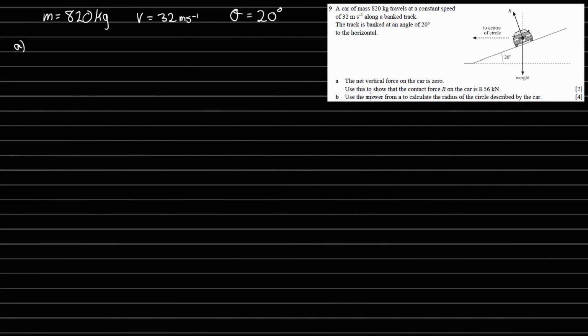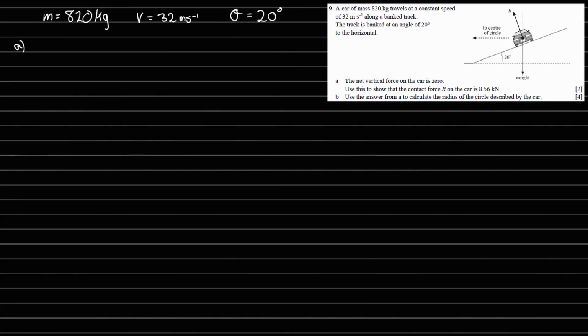Part A. The net vertical force on the car is 0. What this is saying is that the weight and whatever is upwards here, the reaction in the upward sense, is equal to 0.